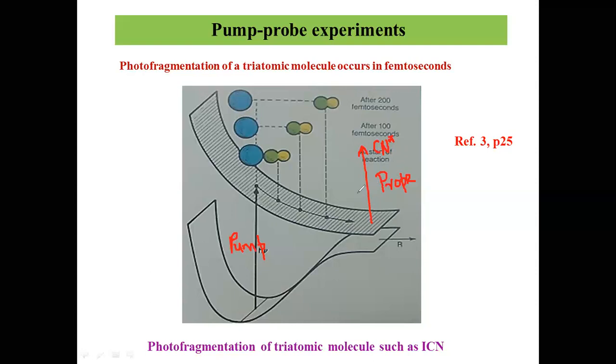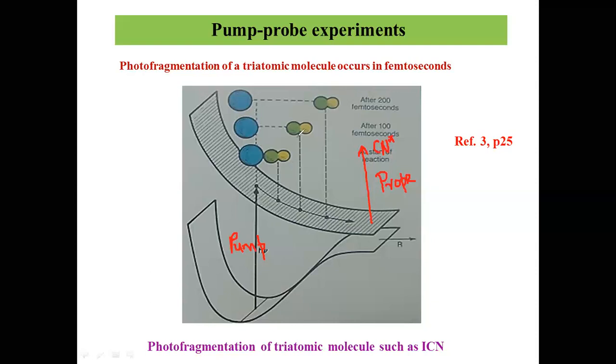Now we can detune this probe pulse, that means to the red, in this direction. Then we can also find out the tracing of the CN, or you can say this is the transition state region where it's not completely separated, and we should be able to trace this transition state.